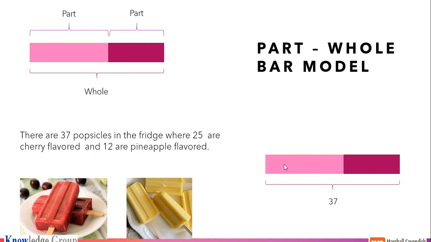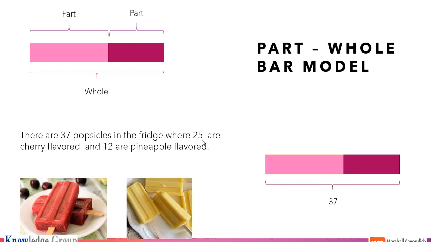And then we have this pinkish part, which is bigger than the purplish part. Why? Because I have two numbers and one is greater than the other one. So my parts kind of represent the size of the part on my bar.